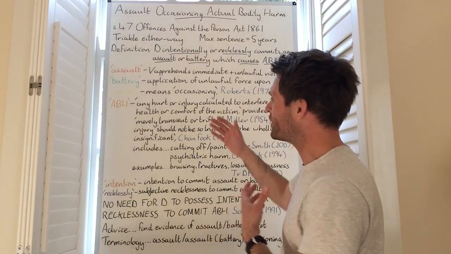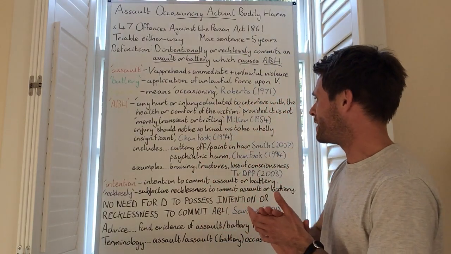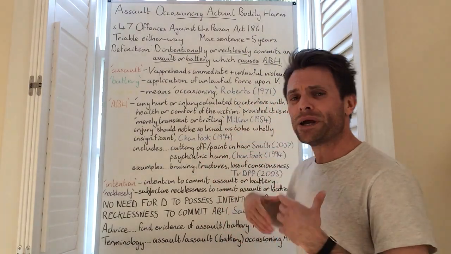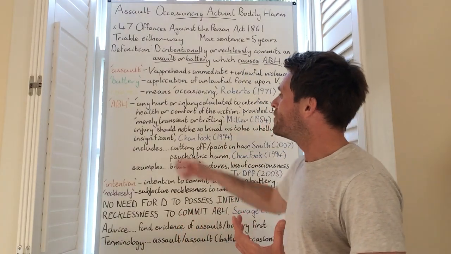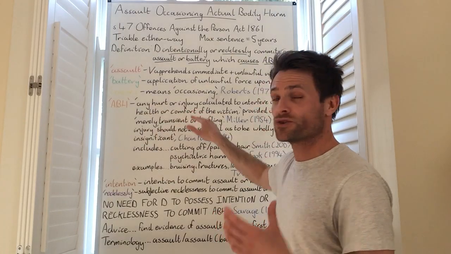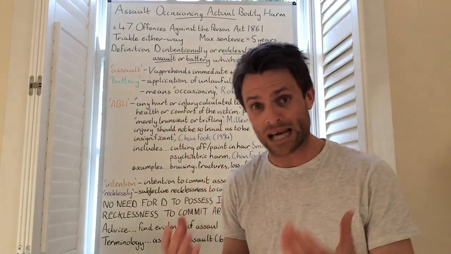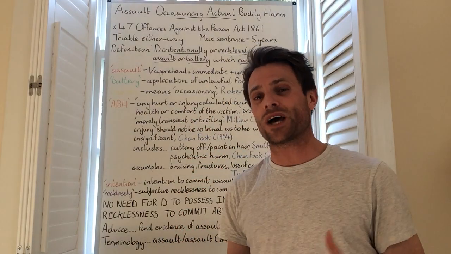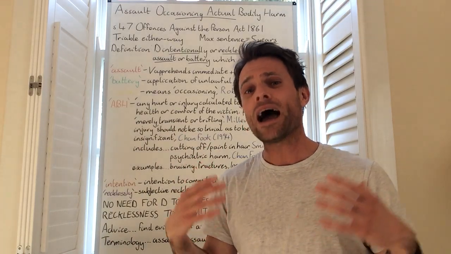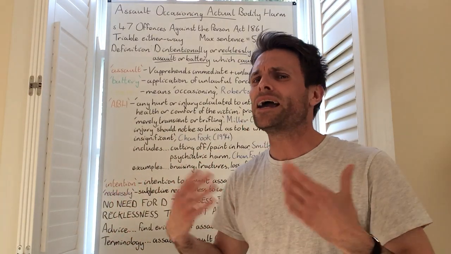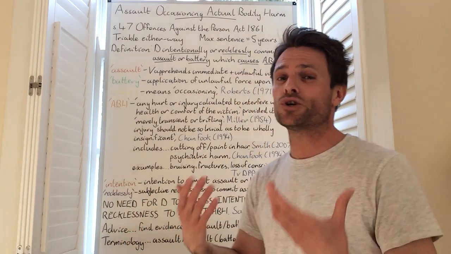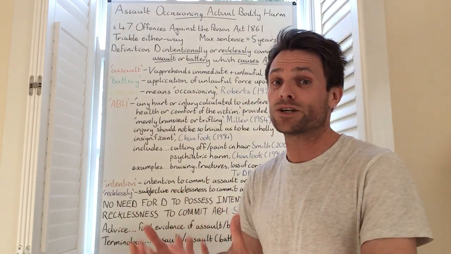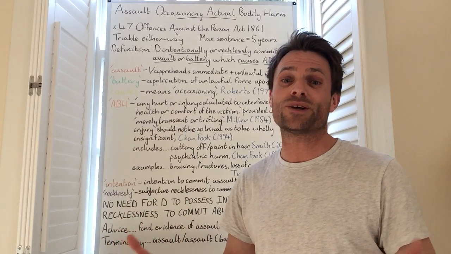And therefore, you've got the definition as put forward by the judge in the case of Miller being extended just a little bit. And therefore, we can take ABH to mean any hurt or injury, yes, but also damage. So if you're cutting off someone's hair, putting paint in someone's hair, and that constitutes ABH, it really comes under the word damage. If the damage does constitute itself as ABH, you therefore can be liable for the offence of assault.